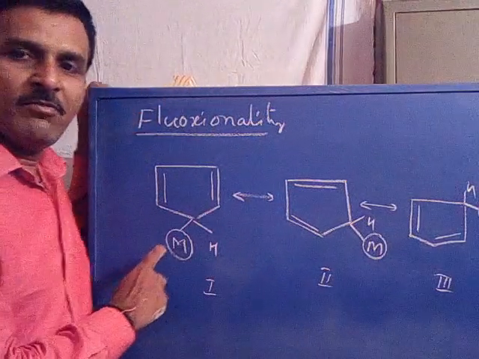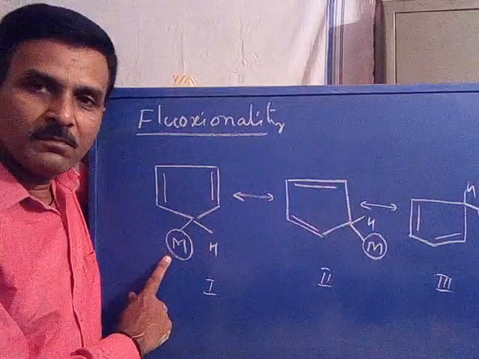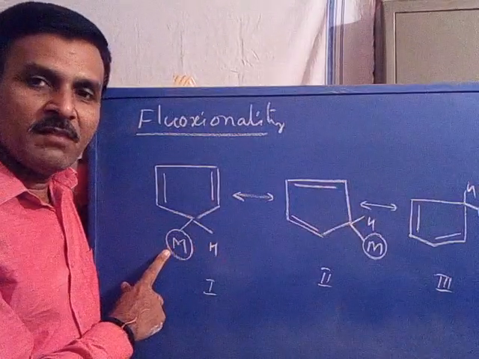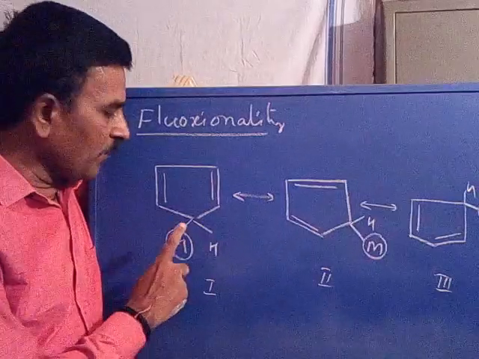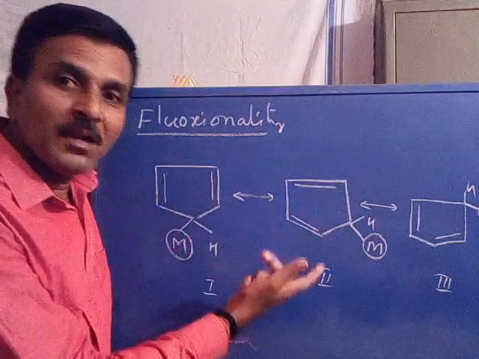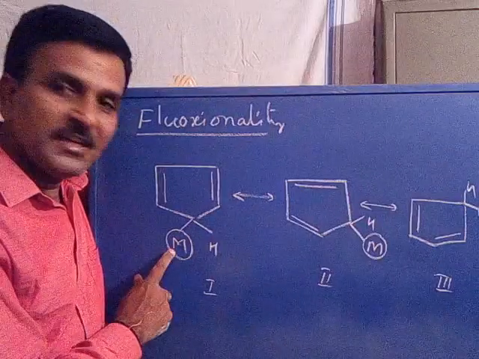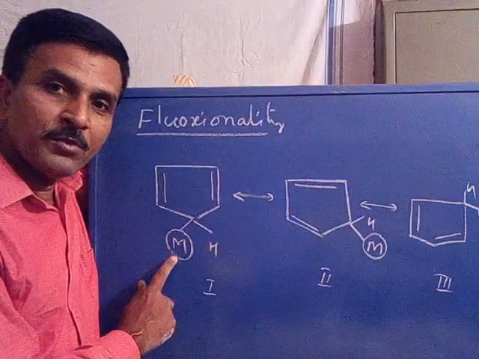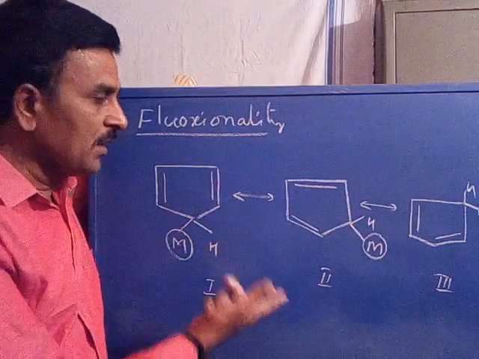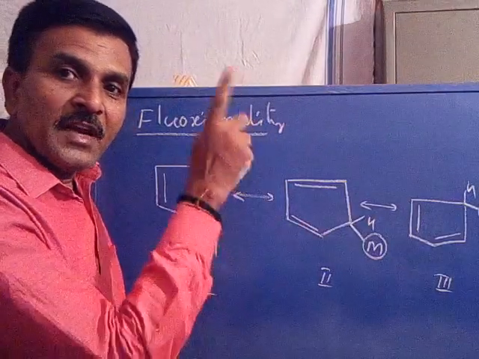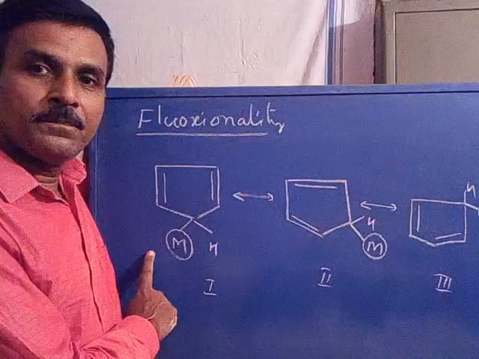Is it clear? See what happens. The exchange of an atom or sometimes a group of atoms, that is a group, from one position to the other position within the molecule leads to the formation of a new isomer which is identical to the first one.